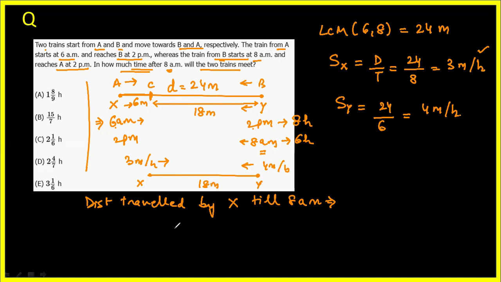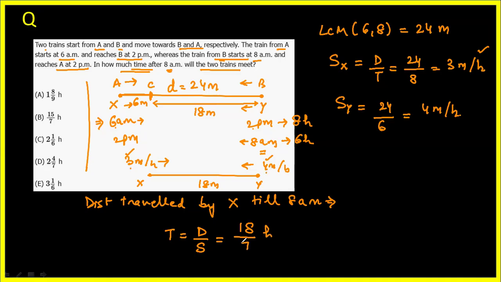How much time would it require? Time is distance upon speed. The distance between them is 18. What is the relative speed? If both objects are moving towards each other, the speed will be SA plus SB, that is 3 plus 4, which is 7.